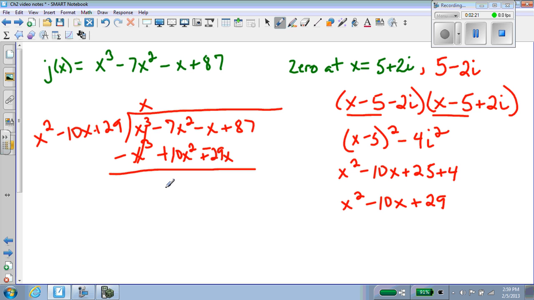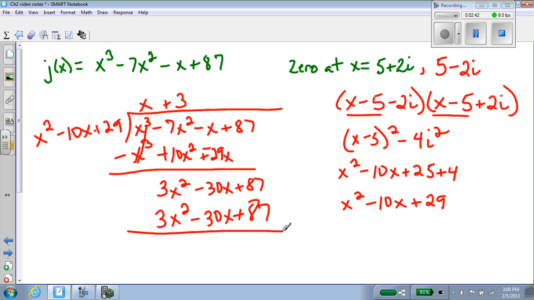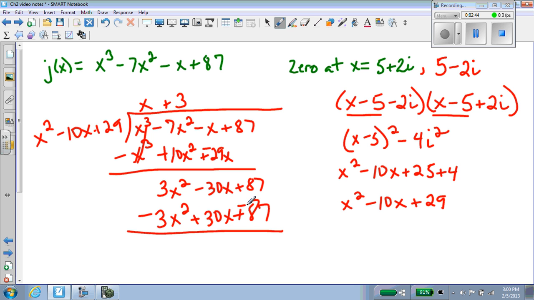Subtract. So I get 3x squared minus 30x plus 87. So I need plus 3. 3x squared minus 30x. 3 times 29, let's see, that's 27, regroup to 2. Draw a line, subtract, no remainder.